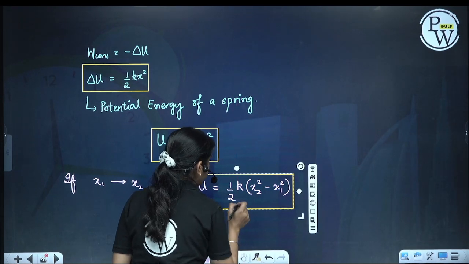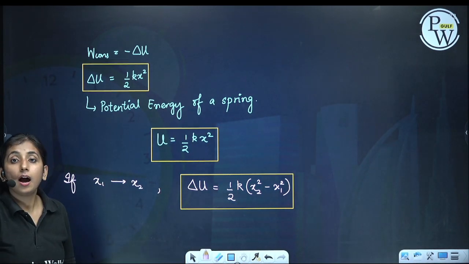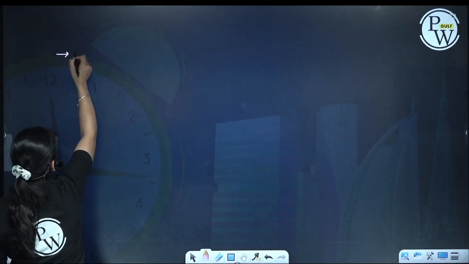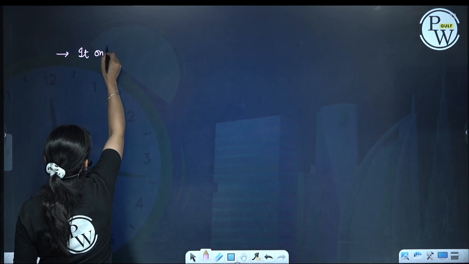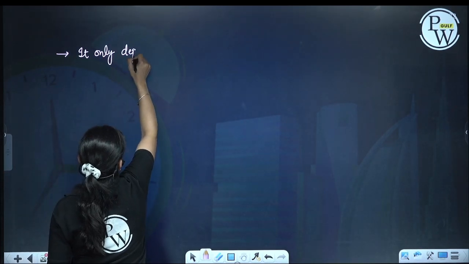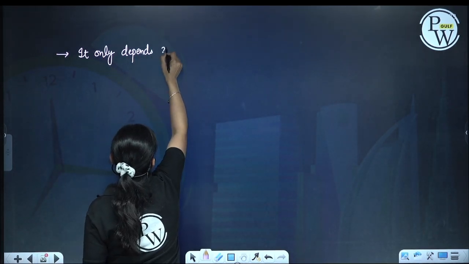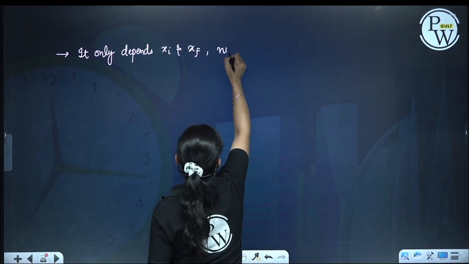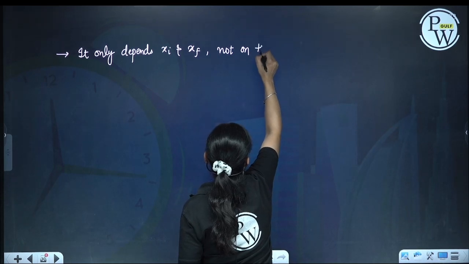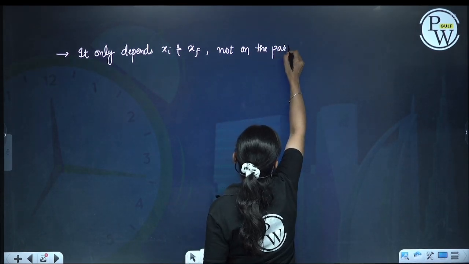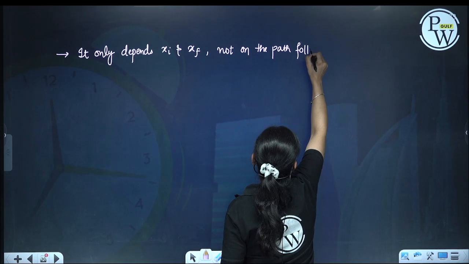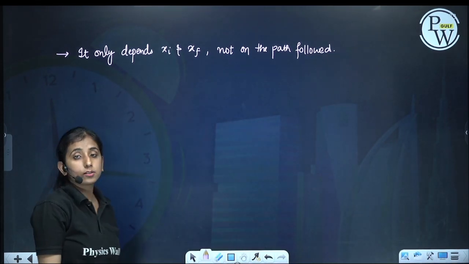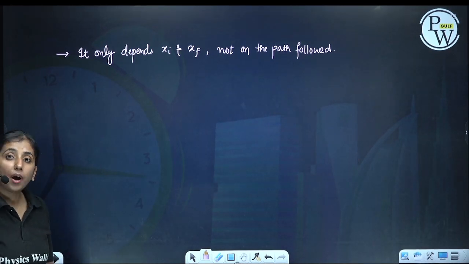So from here we see that it only depends on x initial and x final, not on the path followed. Work done by spring force only depends on x1 and x2. It doesn't depend on the path followed.